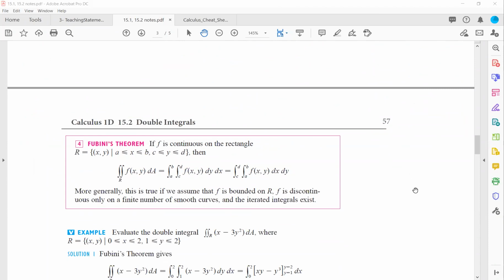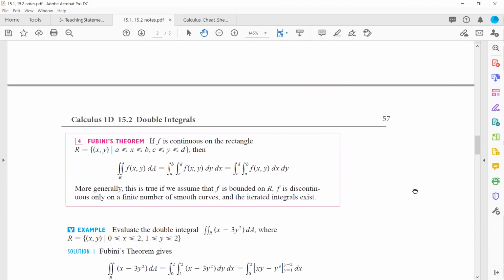Fubini's theorem. Very well, we have a nice theorem referring to the previous example.